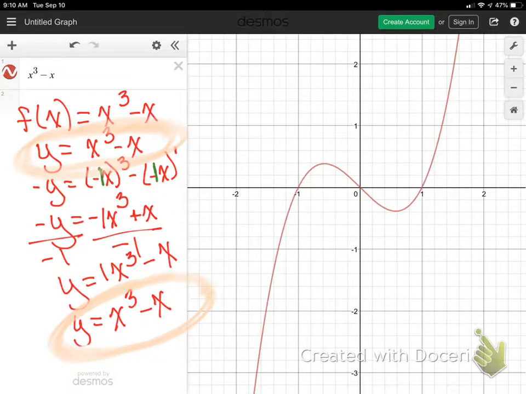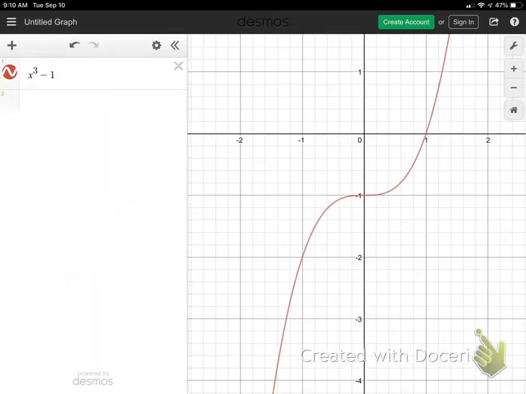I want you to look at this one. X to the third minus 1. So this is f of x equals x to the third minus 1. You should be able to tell by looking at this whether or not this is an odd function. Is it symmetrical to the origin?